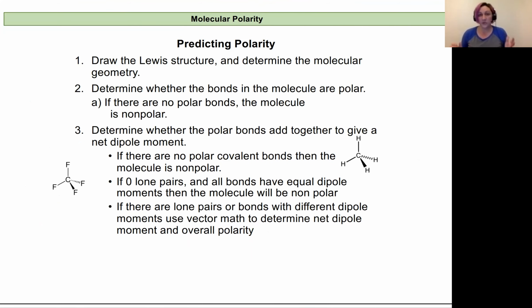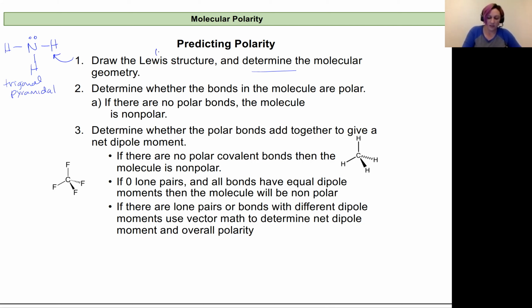So let's walk through the steps to predict polarity. Like everything, we're starting with the Lewis structure. I'm going to go back to that same example we've been working on, which is our ammonium. That has been our introduction to all of our concepts here. I draw my Lewis structure, and then I determine the molecular geometry, which is trigonal pyramidal.